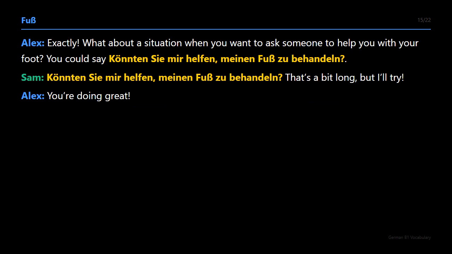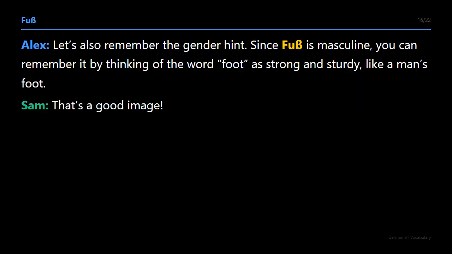That's a bit long, but I'll try. You're doing great. Let's also remember the gender hint. Since Fuß is masculine, you can remember it by thinking of the word foot as strong and sturdy, like a man's foot. That's a good image.